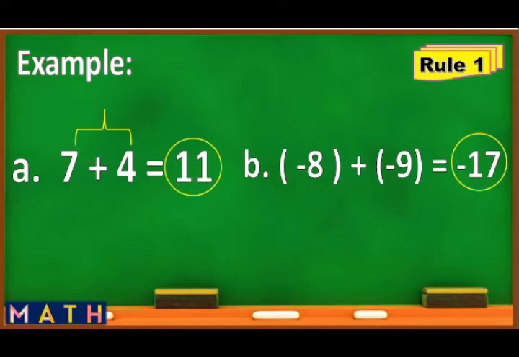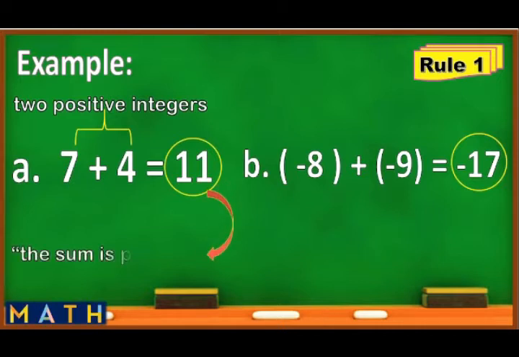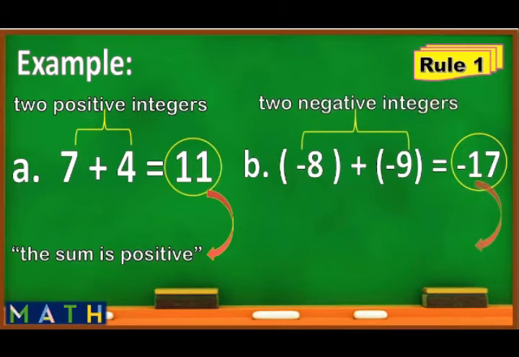In other words, the sum of 2 positive numbers is positive, just like our first example, +7 plus +4 equals 11. While the sum of 2 negative numbers is negative. Similar to our second example, we have -8 plus -9 equals -17.